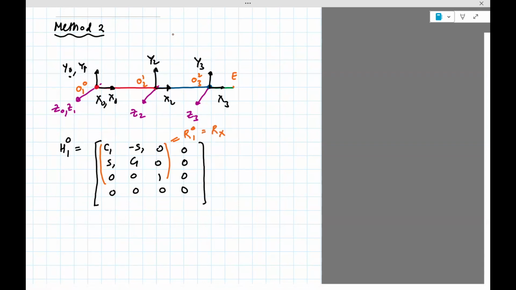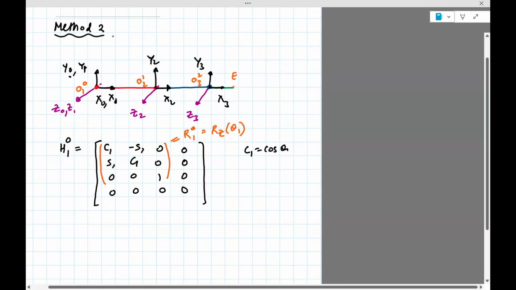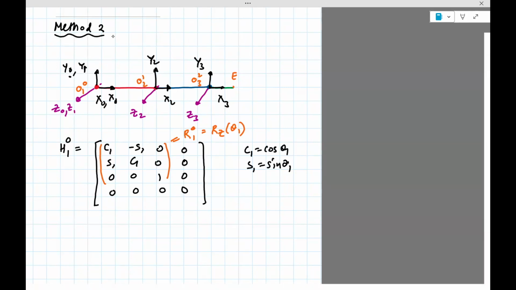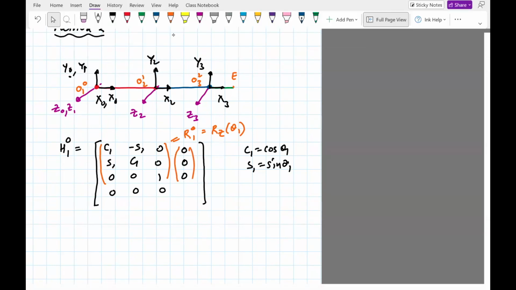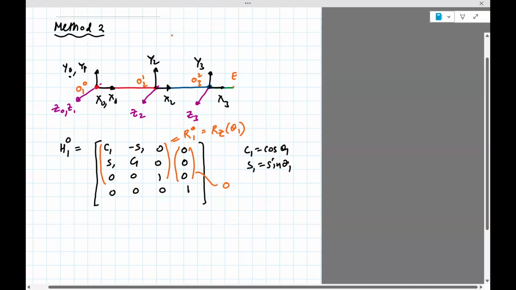It's simply RZ by an angle theta 1, where C1 is cosine theta 1, S1 is sine theta 1. And then this piece, this should be 1, is O10. So O10, you can see it is stuck to the origin. So it's going to be 0, 0, 0.